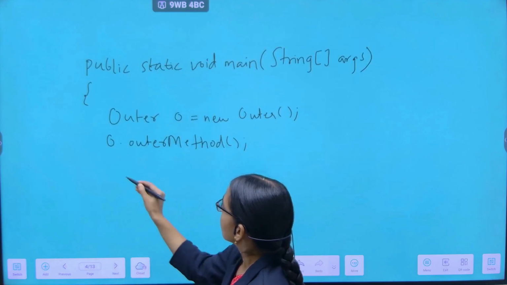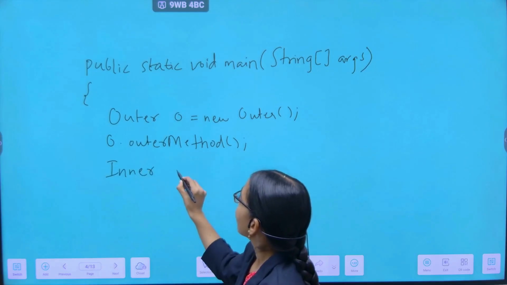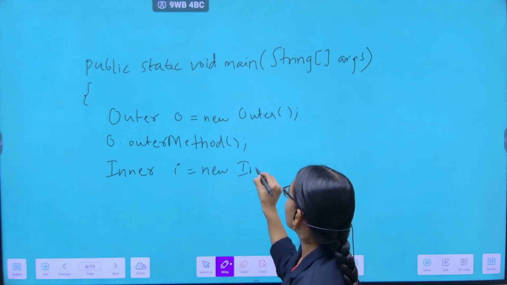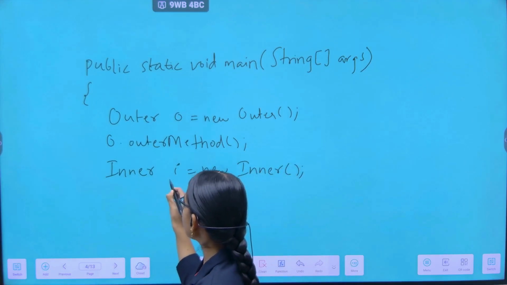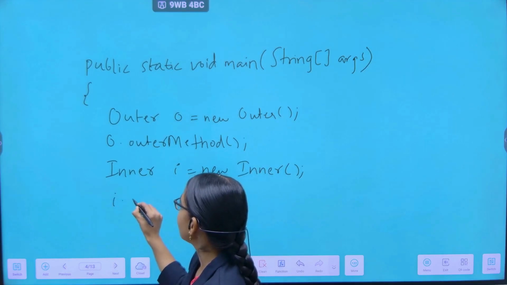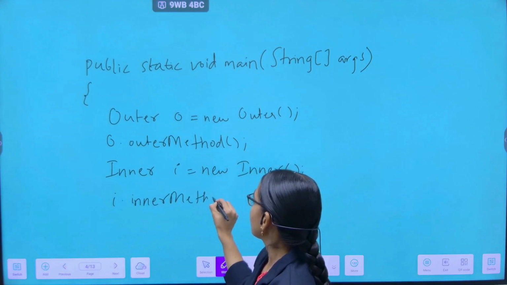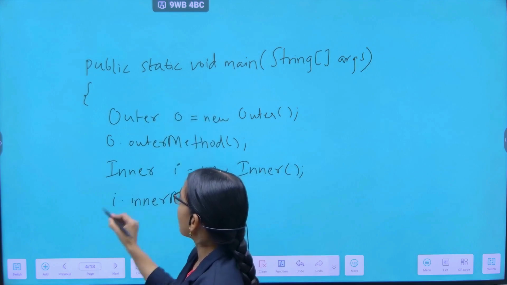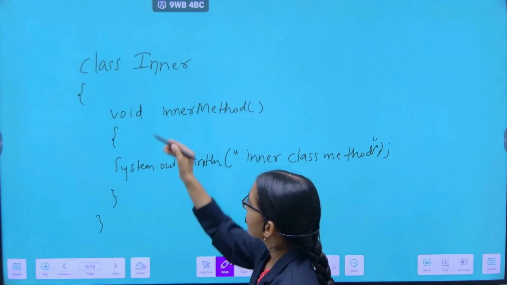So now take the instance of the inner class and say Inner i = new Inner(), and from this instance i, you call its corresponding method, i.innerMethod(). Then we'll close the main method.